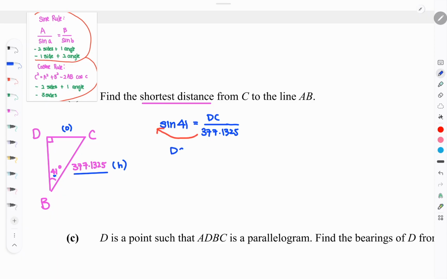I get DC equals to 377.1325 sine 41. So this will give me 247.42. I round off. It'll be 247 meters, to 3 SF.